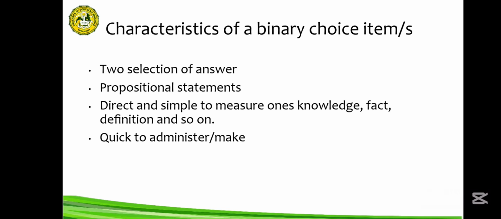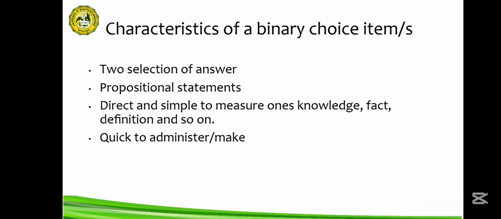A binary choice item is constructed from a propositional statement. A propositional statement is a declarative sentence that makes a claim or relationship among contents. For example, the cell is the basic unit of life. Now, you may keep it as is, or rephrase it and keep the same meaning, or change one aspect of the statement.